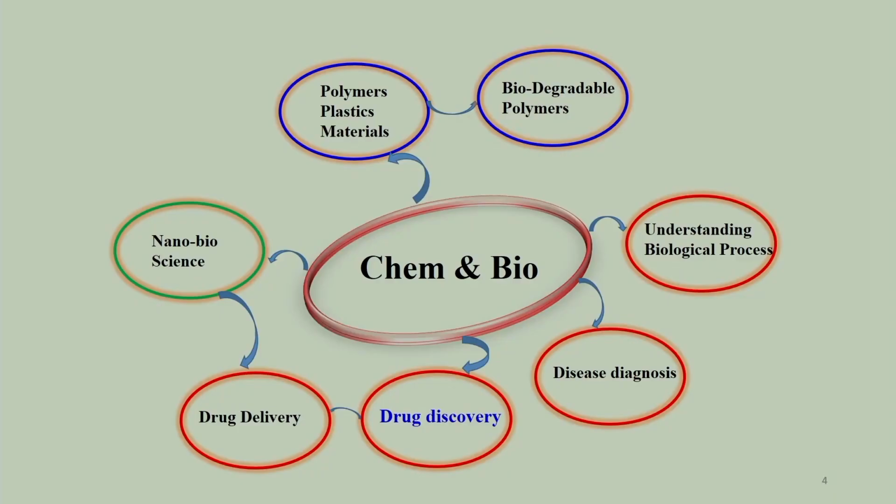Once we know about the disease, we can find out ways to rectify it, ways to bring the anomaly in the biological reactions back to normal. That is where drug discovery comes in. Most drugs are molecules developed in the laboratory or isolated from natural sources, and many of them are organic molecules.